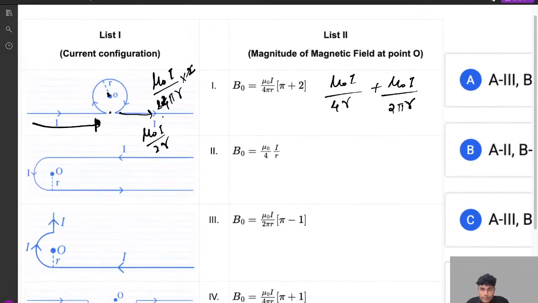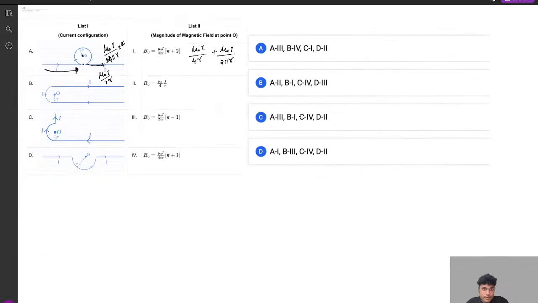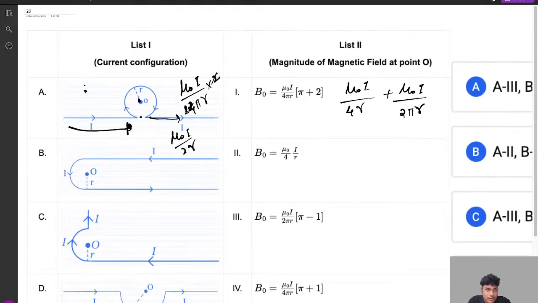So what is the option for A? That is first, third and second. Third is 4 mu naught I upon 2 pi. That is the direction. There is a difference in the direction. Due to the semi-infinite wire, it is in the dot direction, and due to the circular wire, it is in the cross direction.